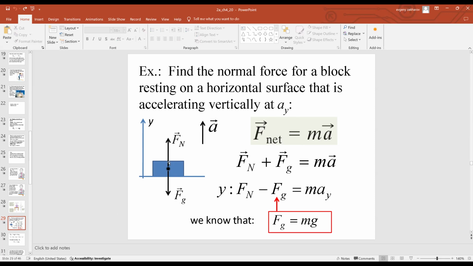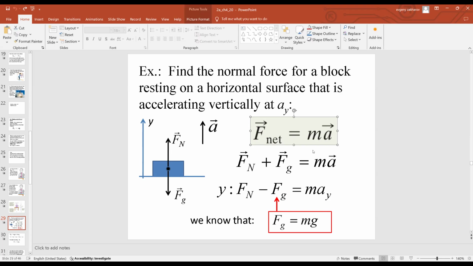And then the normal reaction force, which is perpendicular to the surface. And then there is acceleration upward. That's what's given. So let's find the normal reaction force.